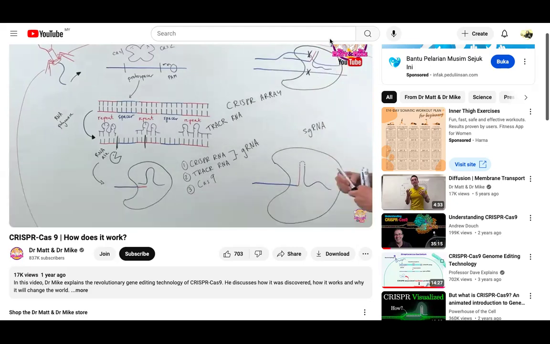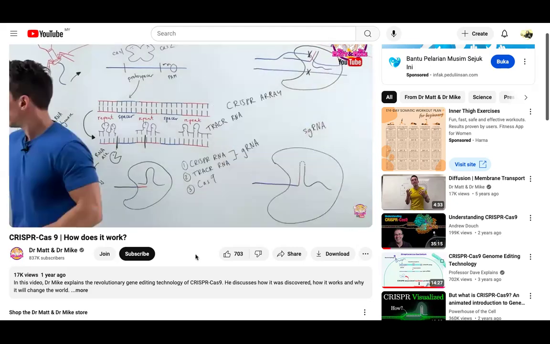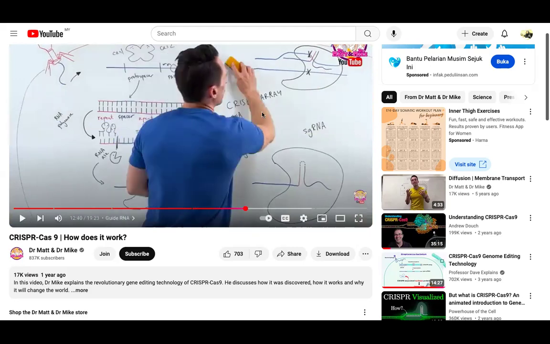And now what we're left with, remember this process. So look at here. This is the process of the editing. This line, this gene sequence, or nucleotide bases, sorry, comes from the spacer. And this one comes from the repeat here. And this is the tracer RNA. The whole thing is called single guided RNA together with the Cas.